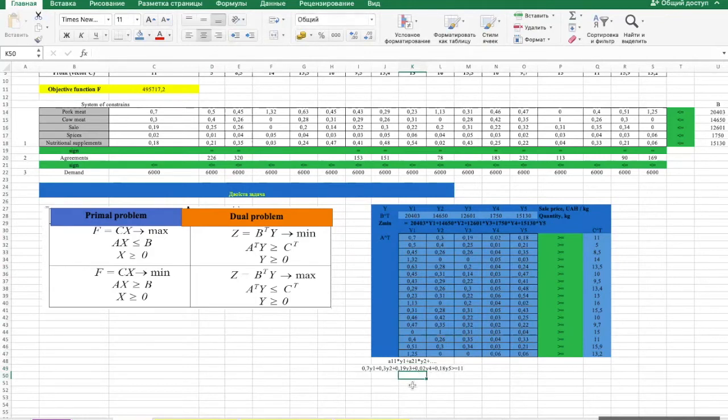So it is your homework to build all these constraints, inequalities according to your individual variant, and write or probably reflect it in your report.